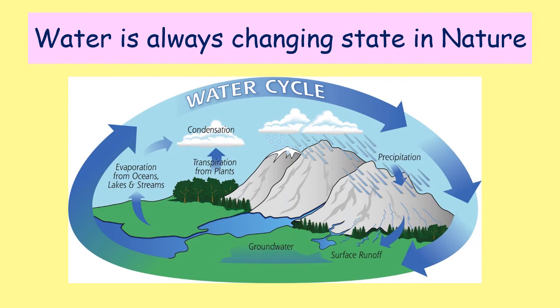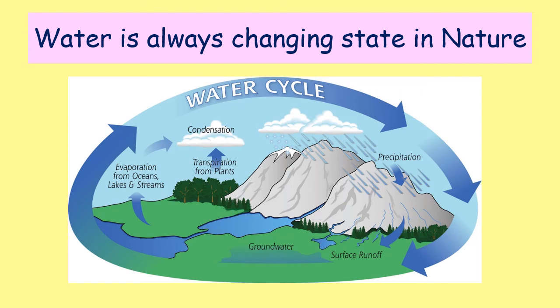Now there is one word that describes all of the ways in which water comes back down to Earth. So rain, snow, sleet, and hail together are called precipitation. So that's that word at the right-hand side of the diagram. Any way in which water falls back down to Earth is called precipitation.